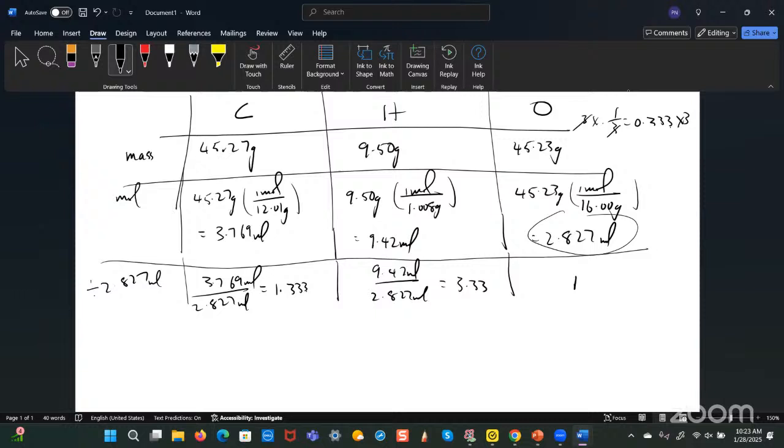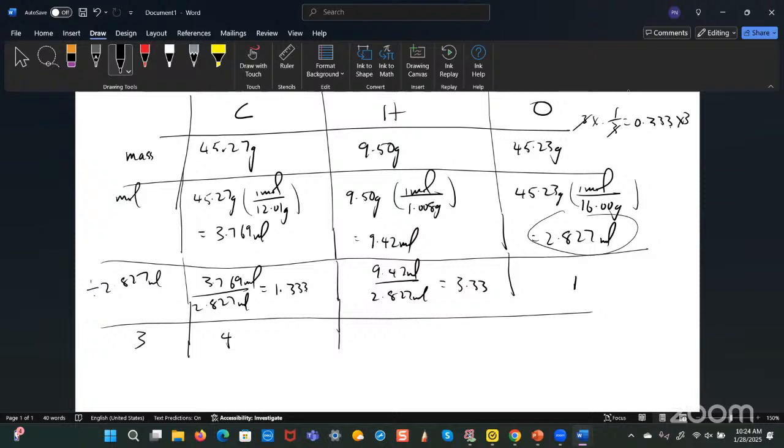If you multiply 1.33 by 3, which you have to do straight across, that 1.33 will become 4. Do it on the calculator, 1.333 times 3 gives you 3.999, which is approximately 4.